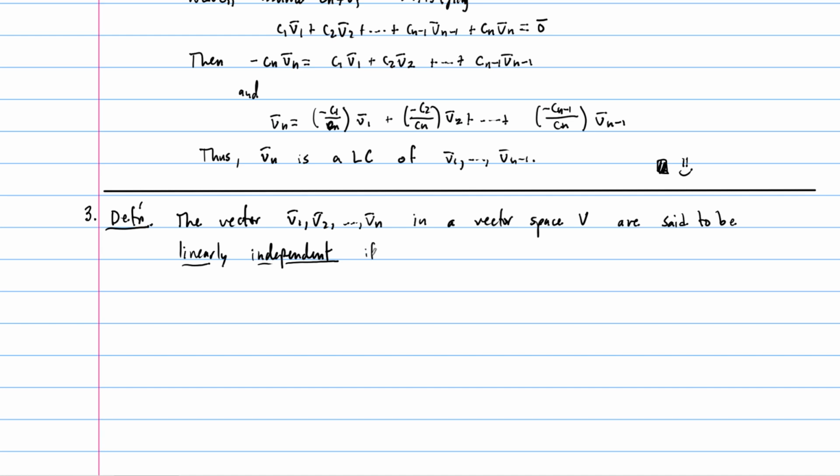So if and only if the following is true: that the linear combination C1 V1 plus C2 V2 plus etc. through Cn V sub n equals 0 implies that the coefficients must be 0.